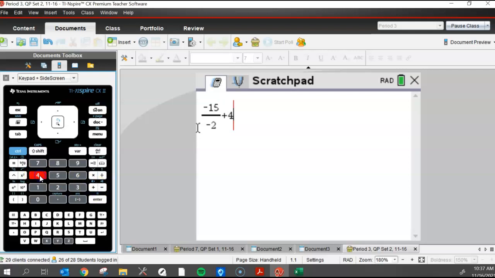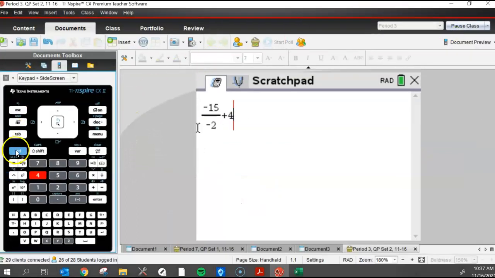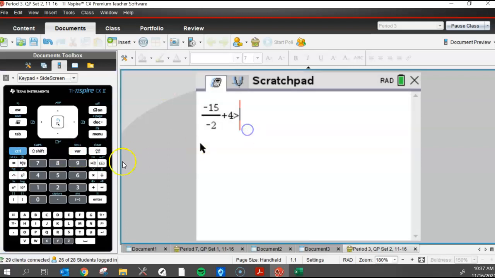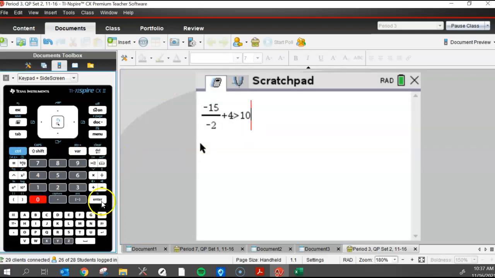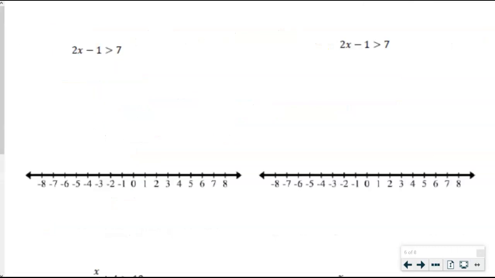Plus 4. And that should be, I forgot again. I need to look. Greater than 10. Control equals pulls up those inequality symbols. Is that greater than 10? I'm going to press enter and it's going to tell me yes, that is a true statement. So flipping that inequality did help us get the correct answer.